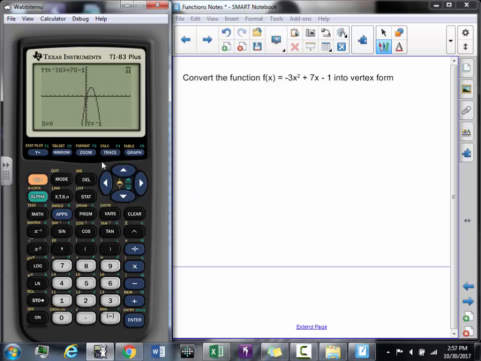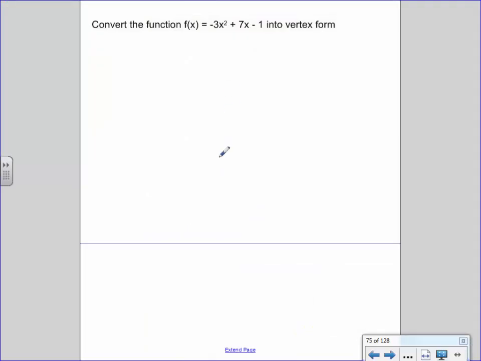If I find the maximum here, okay, the vertex is at 1.166666664 and 3.0833333. Right? They're not at nice even numbers, right? But can we still do it? Yeah, it just means we need to work with fractions. So let me walk you through one of these where it actually is going to involve a fraction.